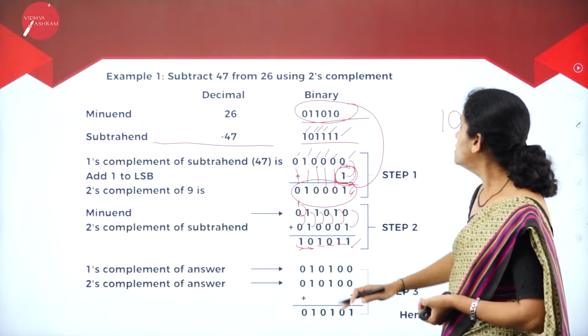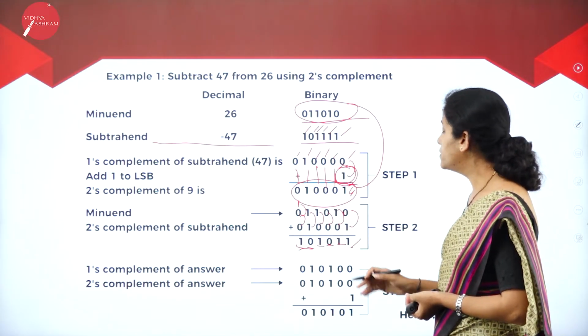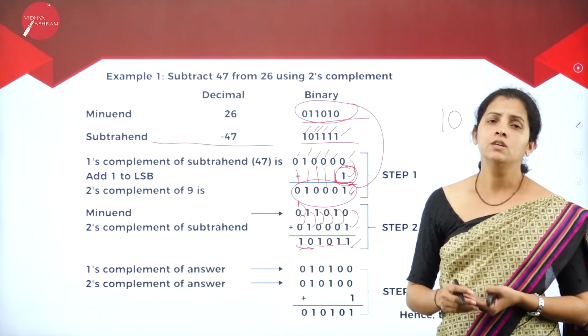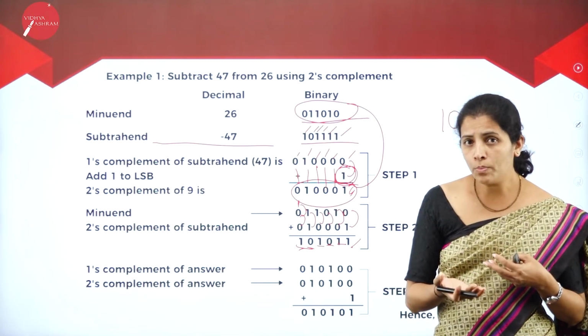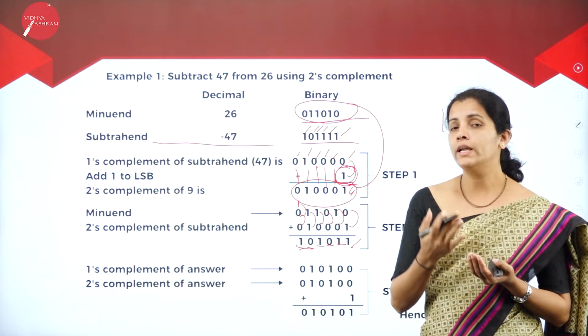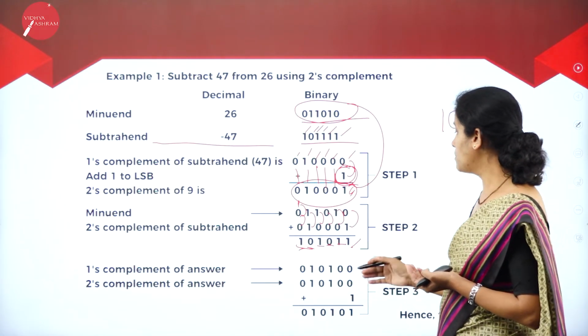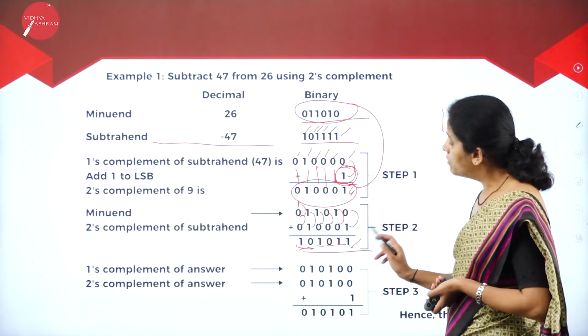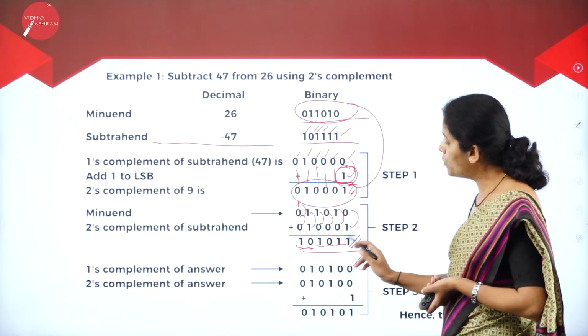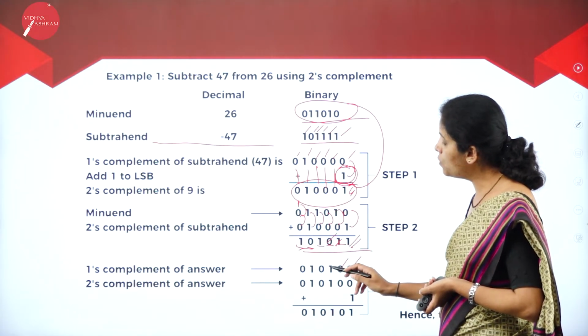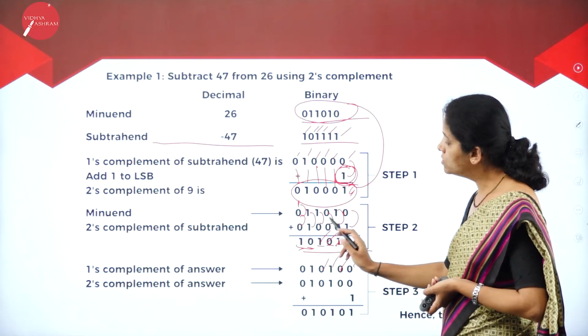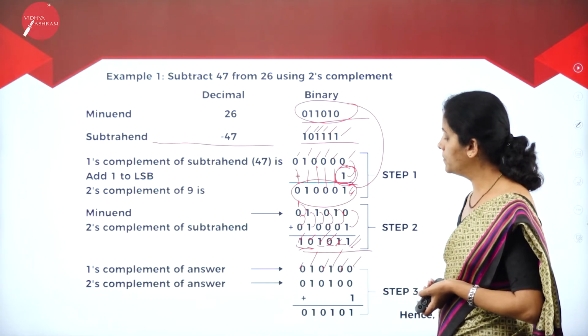Now, the 1's complement of the answer. To perform the 2's complement, first I take the 1's complement of the result, and for that I'm going to add 1. For 1, I'll write 0. For 1, I'll write 0. For 0, 1, 1, 0, 0, 1, 1, 0.